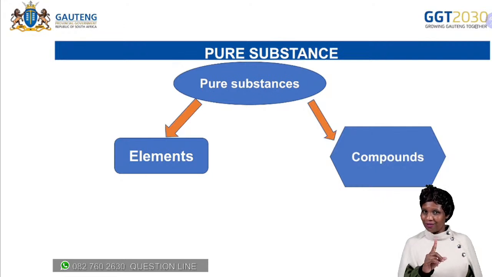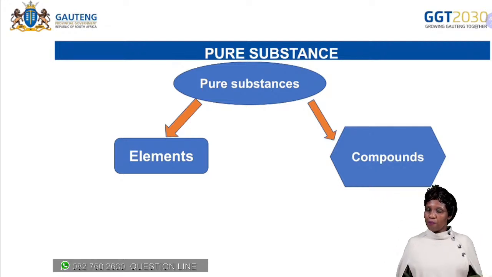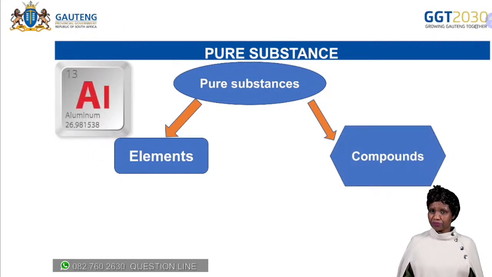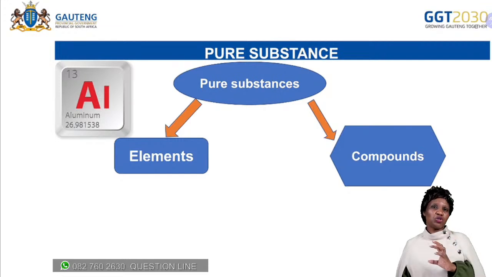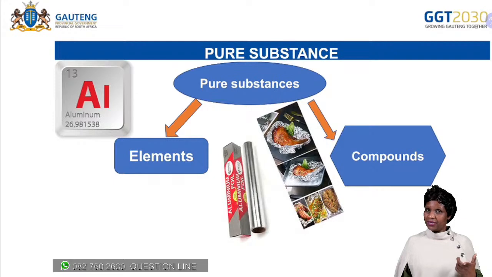But we are still discovering more. And then a compound. We've got compounds. These can be two different elements. Then they produce a what? A compound. It can be two or more elements. Do you get it?